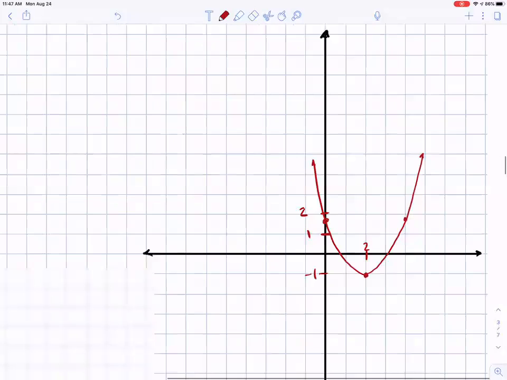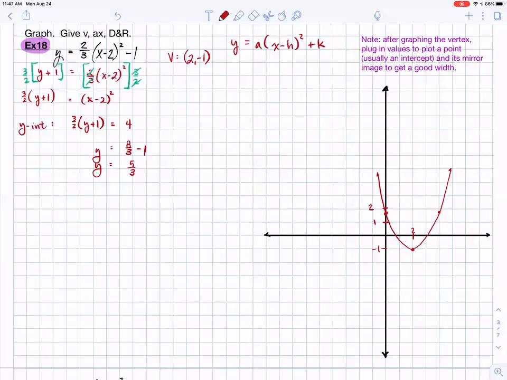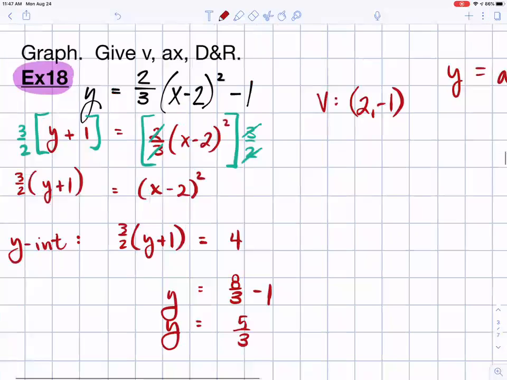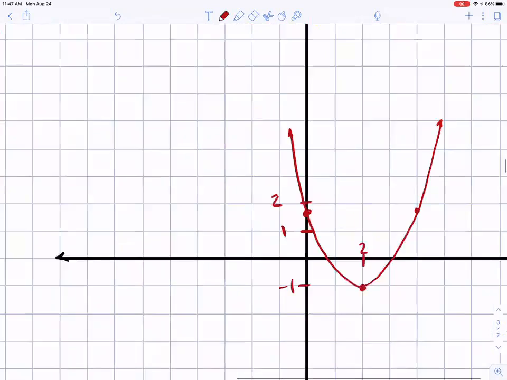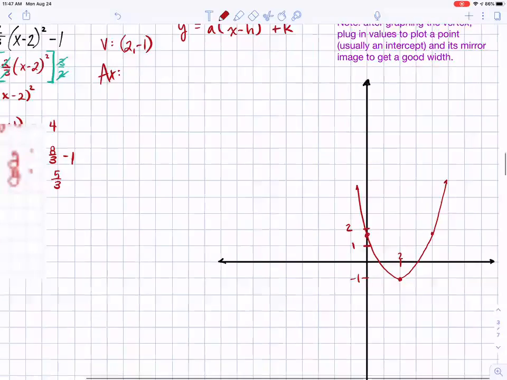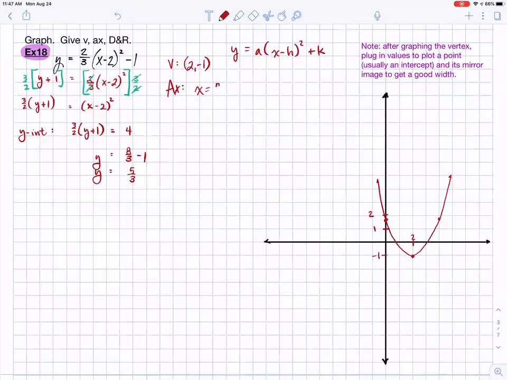All right, okay. Now, graphing, I got it. Vertex, I've already listed. What's the axis? Because there's 3 things other than graphing that I'm supposed to do. So where's my axis on this? Good. X equals 2. And what's my domain on this?